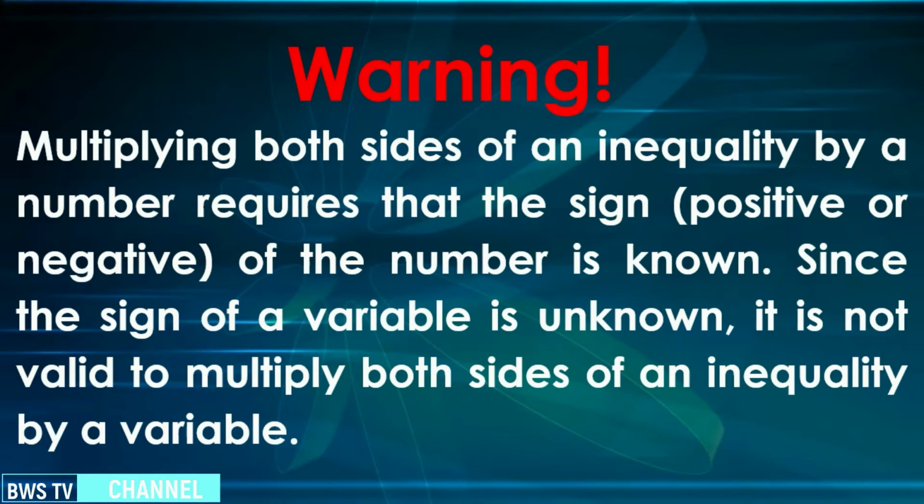Since the sign of a variable is unknown, it is not valid to multiply both sides of an inequality by a variable. The variable has no known sign, it's just a variable. We need to make sure we do not do this, because for sure our answer will be wrong.